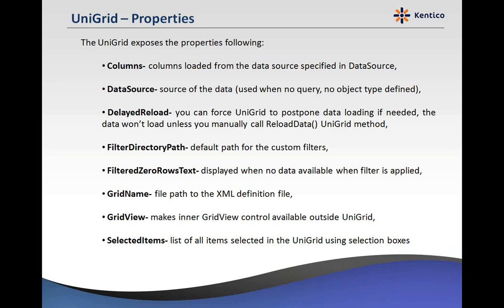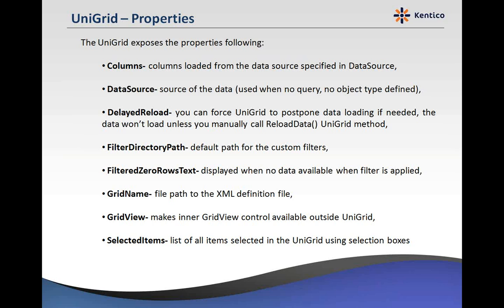Then there is a filter directory path property. This needs to be initialized when you're going to use your custom filter, so the UniGrid knows where to search for the physical file, what the base directory for the filters is. Filter zero rows text has the same purpose as the zero rows text of other controls, but it allows you to differentiate between when no data is returned because of filtering or because no data exists by default in the database.